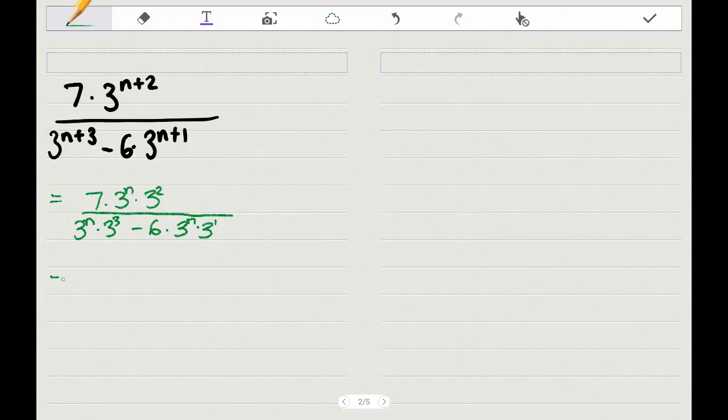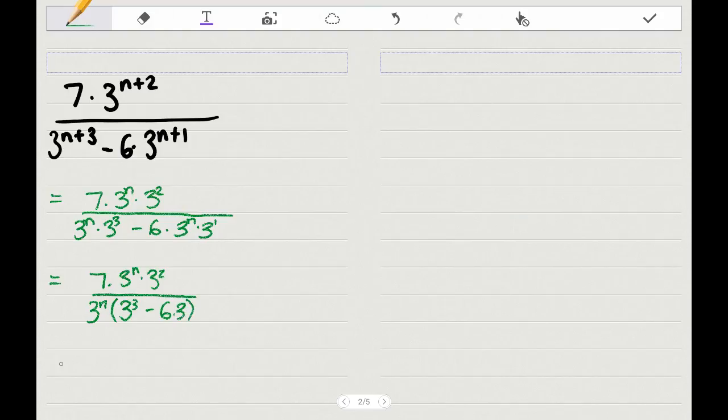Now, in the numerator, we don't have a common factor because there's only a multiplication over there, so we write the numerator as is. And in the denominator, we're going to take out the common factor. What we have is 3 to the power of n times, okay, so I'm just taking out the one with the variable, so the rest I didn't really simplify as much as it could be, but you could take out a higher factor if you wanted to.